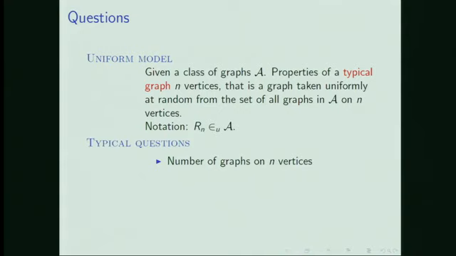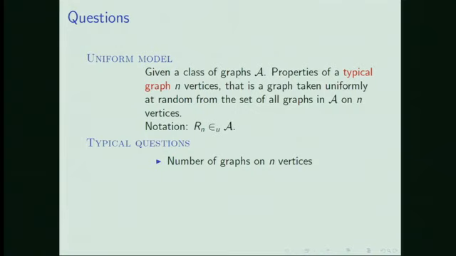What's my model? What's the kind of question I'm going to address? Well, graph theory has been around for more than a century now, and we can ask many types of questions, and especially people have been concerned about random models, so doing probability on graphs. The model I'm going to talk about today is the so-called uniform model.